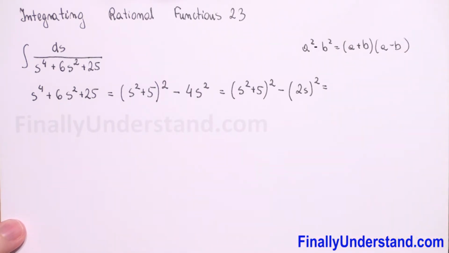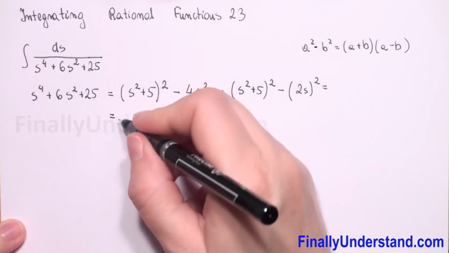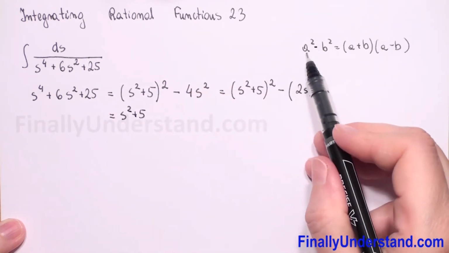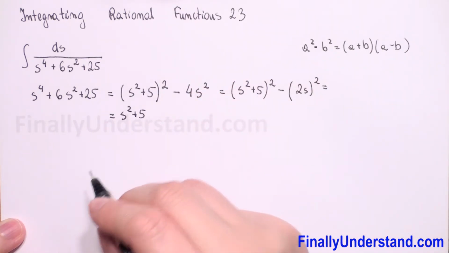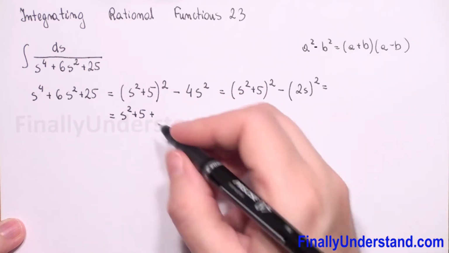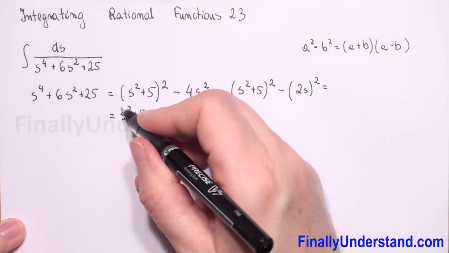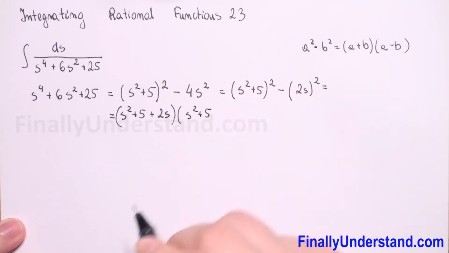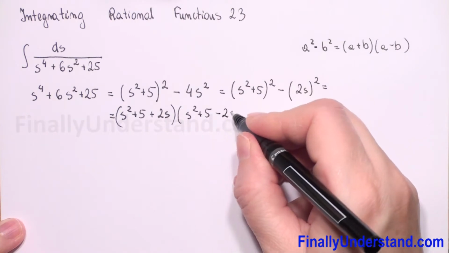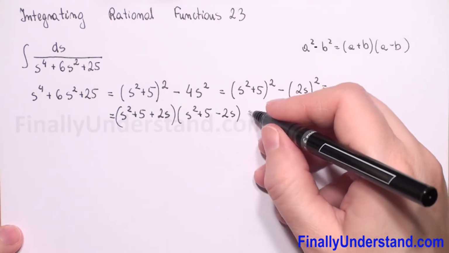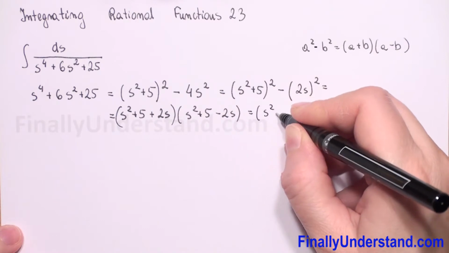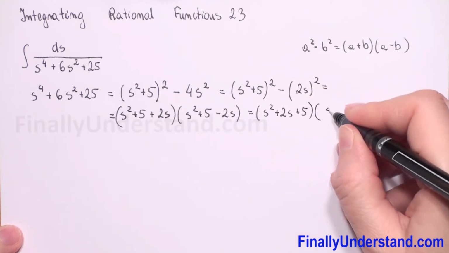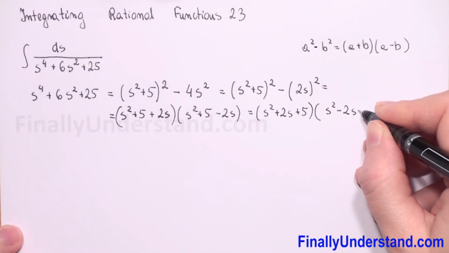So this is equal, we will have s squared plus 5, this is our a, and we have plus first 2s, and next we have s squared plus 5 minus 2s. We can rewrite this, so this is equal to (s squared plus 2s plus 5) times (s squared minus 2s plus 5).